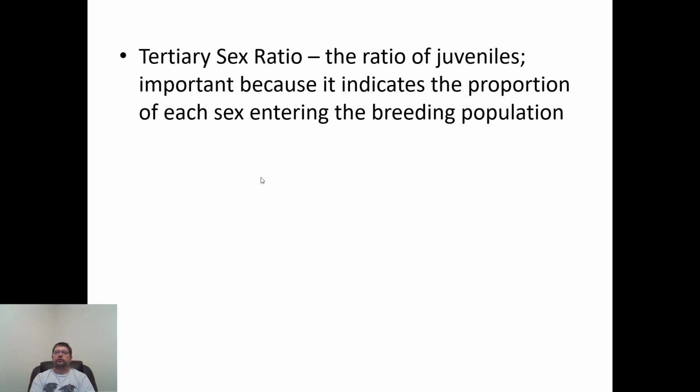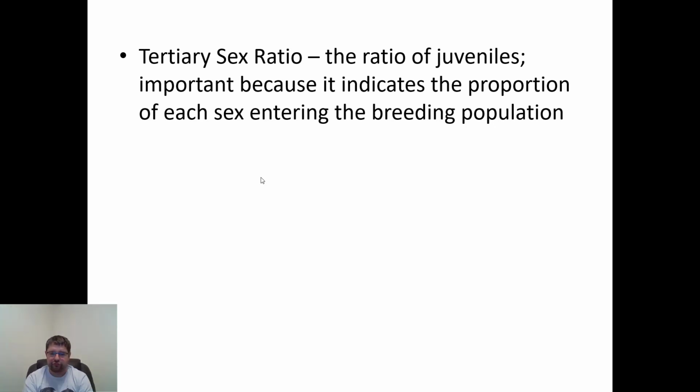Tertiary sex ratios, these are ratios of juveniles. Okay? Now, here's where the environment plays a bigger role in almost every organism. There is a difference in survivorship, or what we would consider death rate, of juvenile organisms in most environments.